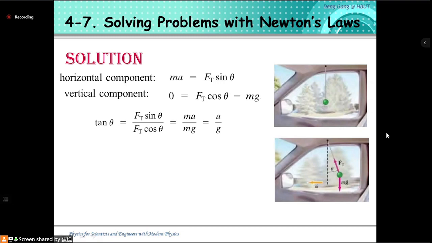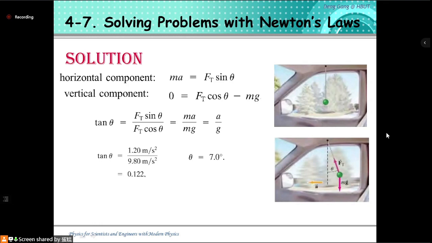So if we know a, we know g, and this angle is about 70 degrees. So by measuring the angle, we can actually measure the acceleration. It has nothing to do with the mass of this ball, right?